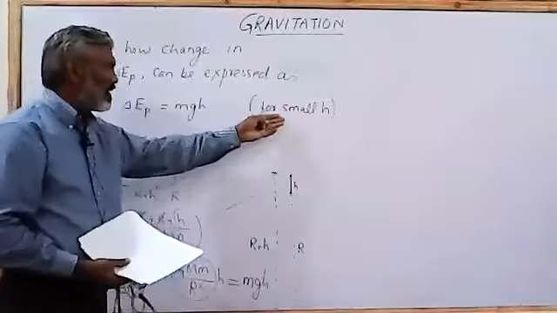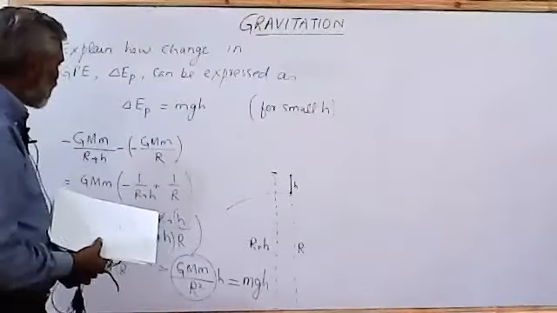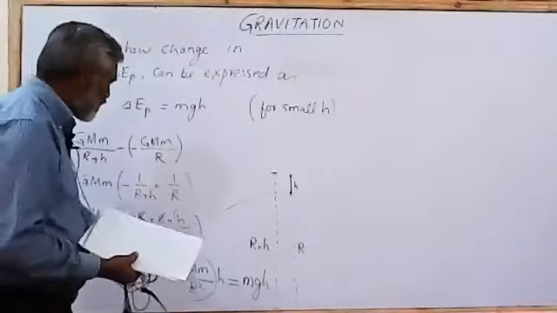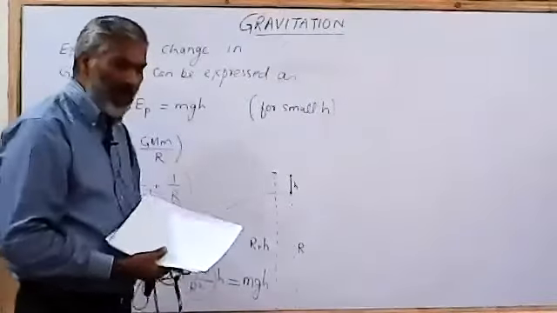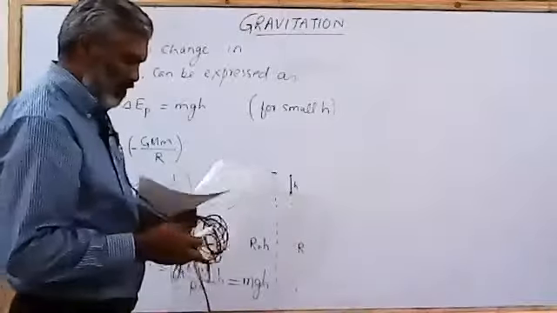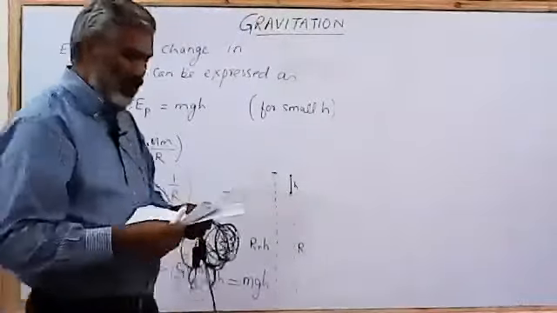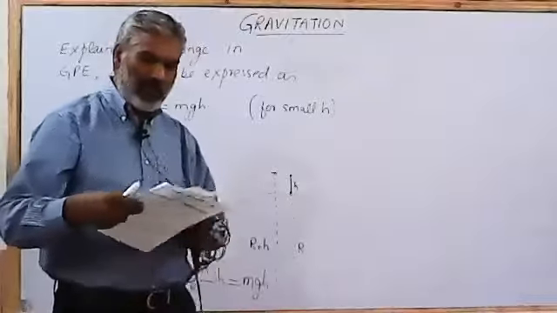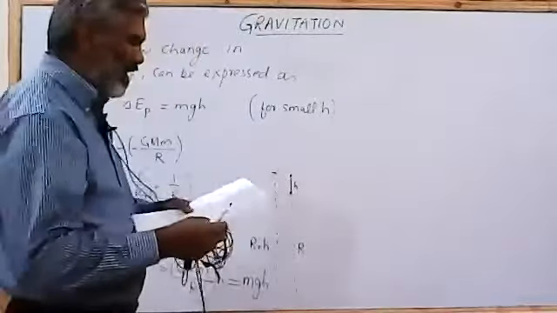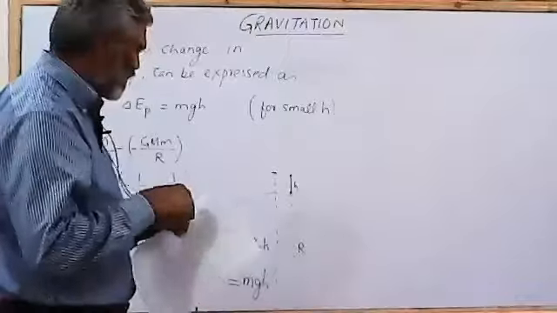But if we make this assumption and we simplify how this change can be worked out, it reduces to the same familiar expression mgh that we have studied already in previous classes. So this was one question that I chose for discussion. Let's come to another question, and that is related to the escape speed that we discussed yesterday.